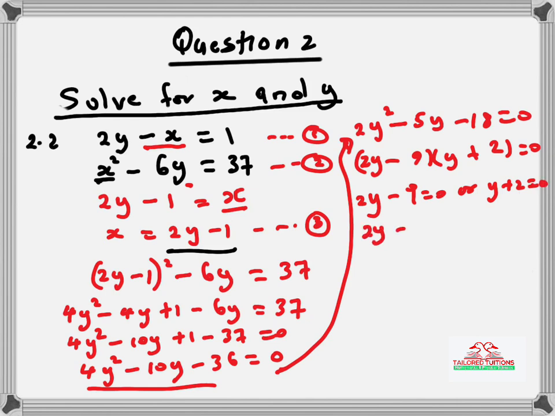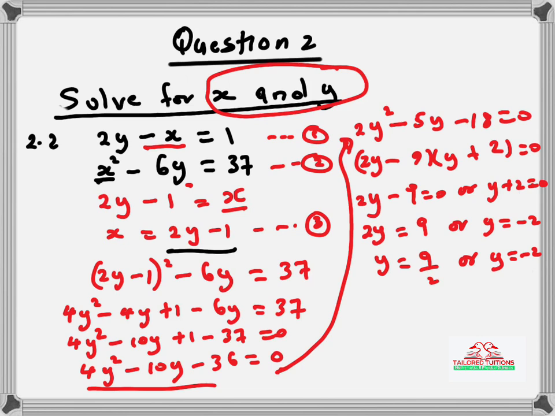So 2y is equal to 9, or y is equal to minus 2. So y is equal to 9 over 2, or y is equal to minus 2. But remember, we were solving for what? X and y simultaneously. Now we only have the y values, and we're still looking for the x values.